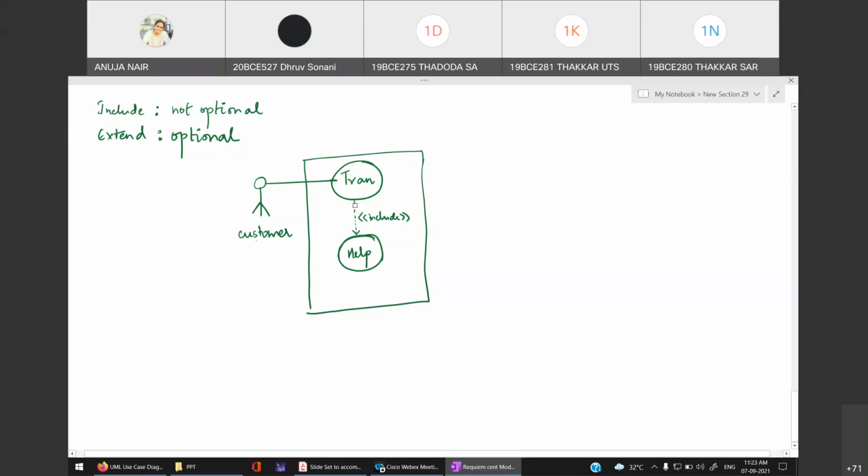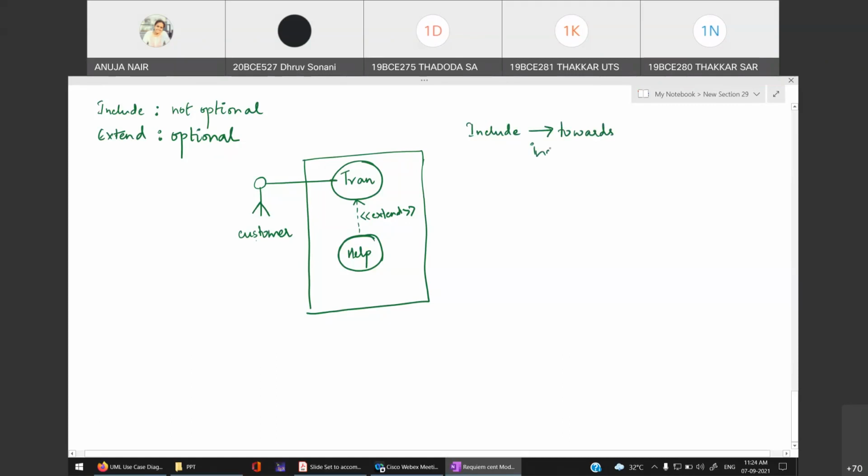So how will I do that? Now my arrow changes. In an extends relationship, the arrow is always towards the base use case. So now my arrow changes and I will put an extend over here. When you are writing an include relationship, your arrow is always towards which use case?